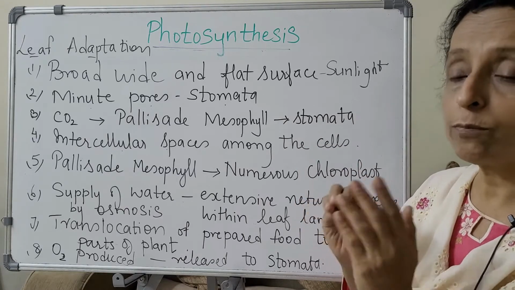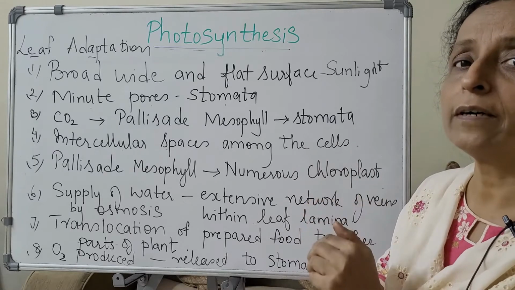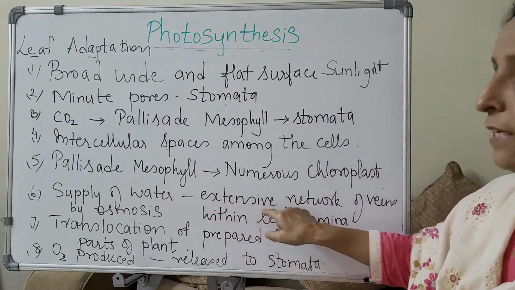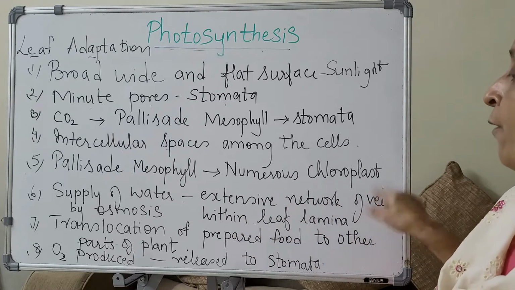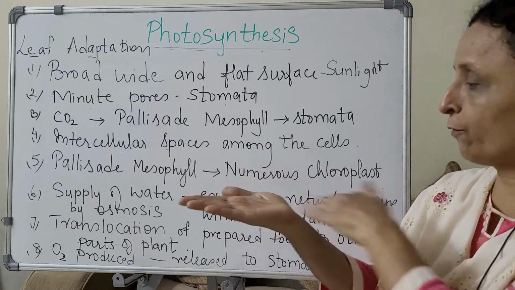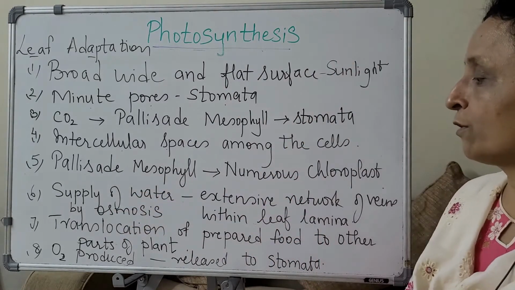So due to osmosis, the water comes inside the leaf. So there is a supply of water by the extensive network of veins within the leaf lamina. Lamina is the surface of the leaf.